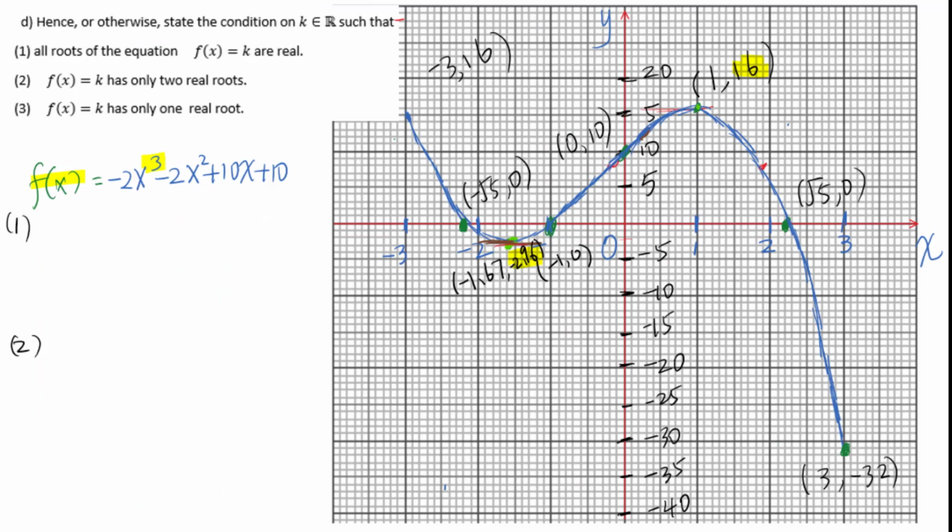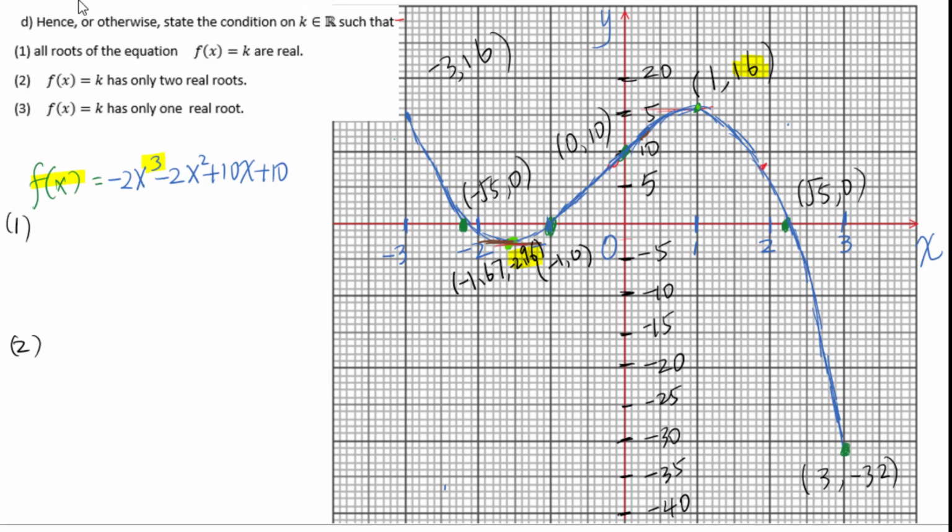Let's go to D. Hence or otherwise, state the condition on k, for all real numbers k such that number 1: all roots of the equation f of x equals k are real. Since f of x is a cubic function, at most there are 3 roots.